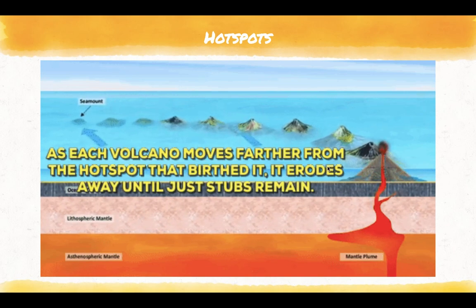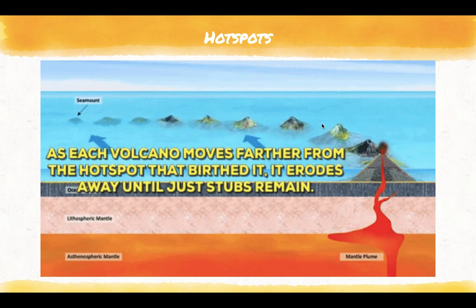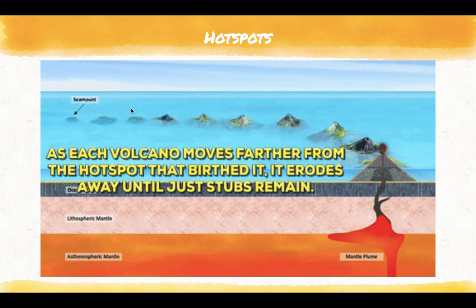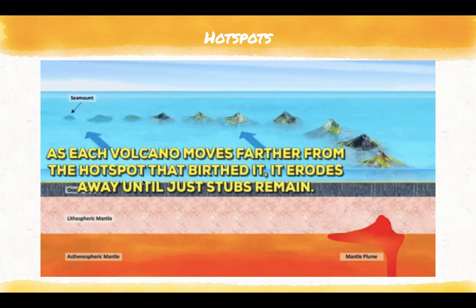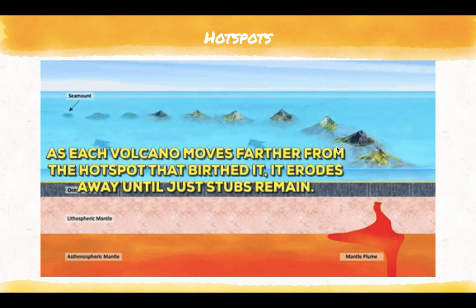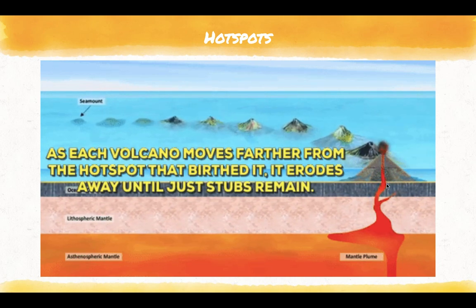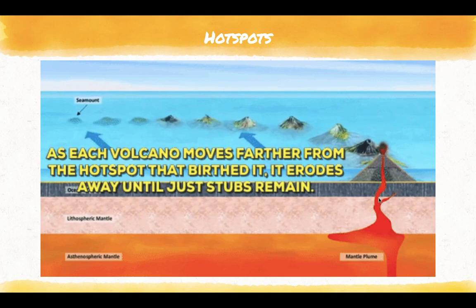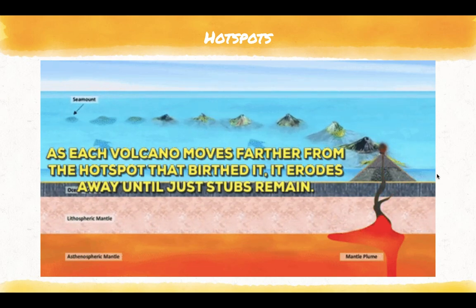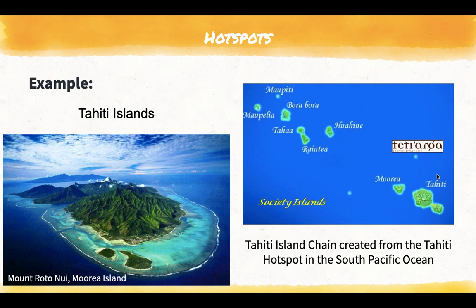Here's one more view. You can see as the plate is moving, the older volcanoes shift away from the hotspot, and then little baby volcanoes are forming right above the hotspot. One example of a hotspot volcano is the Tahiti Islands, kind of down there in the South Pacific Ocean.